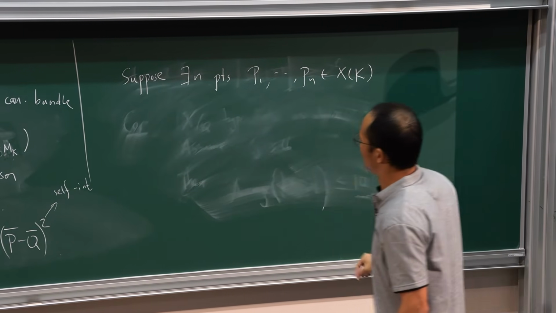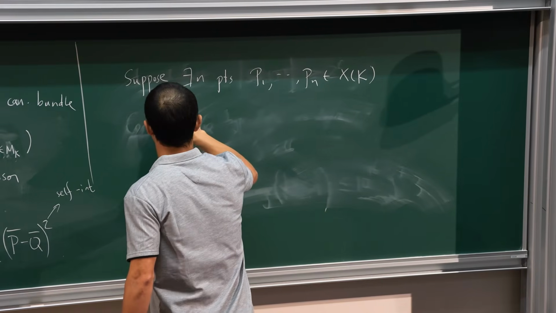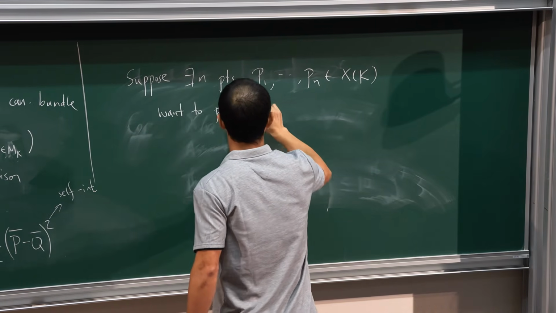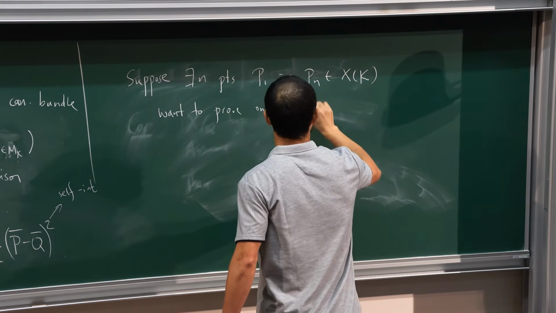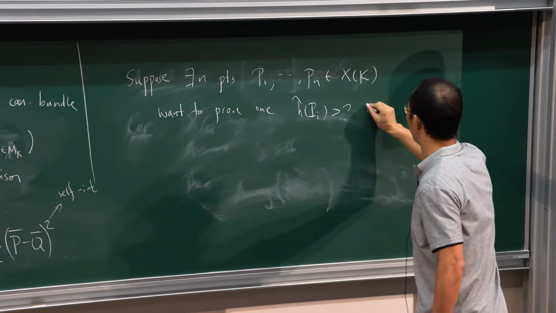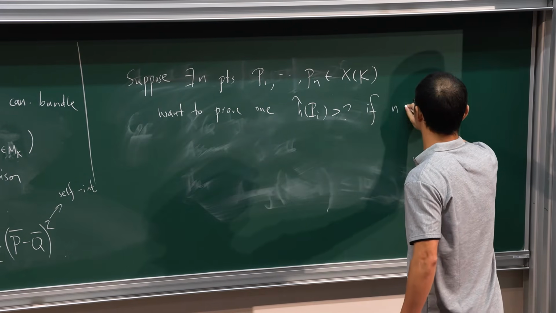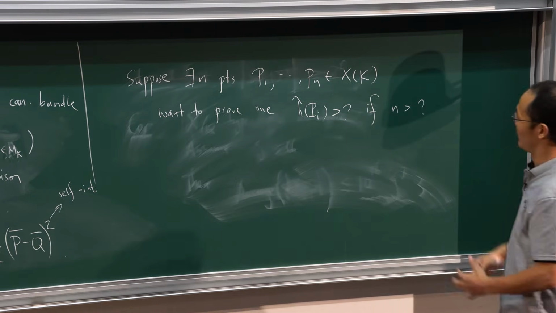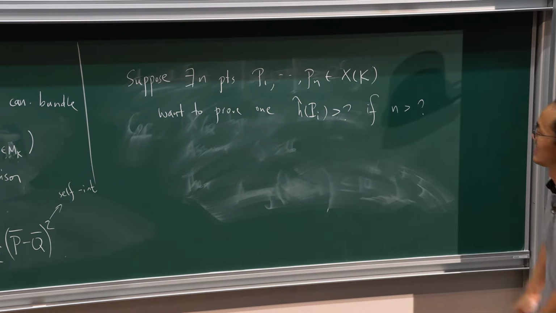And we want to prove that at least one of the heights is big if n is big. So this is a version of the uniform Bogomolov. We can't have too many points with big heights.